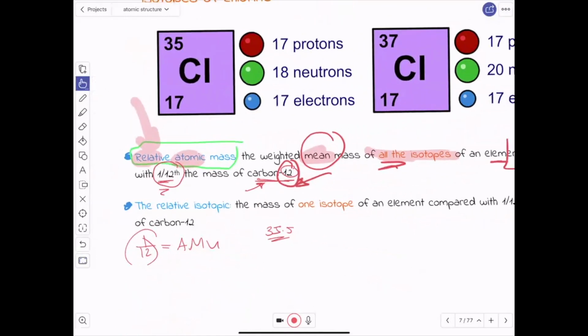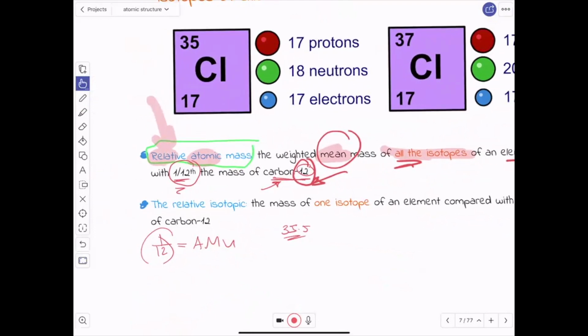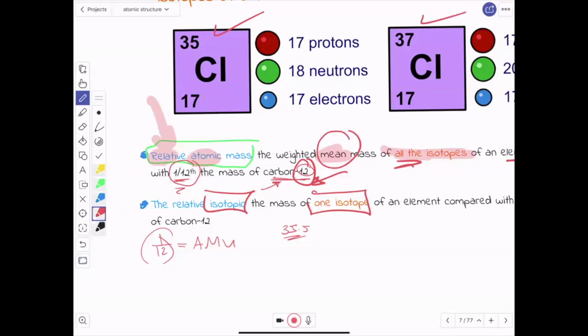All right. There's another essential definition here, which is called relative isotopic mass. Now, this is exactly the same definition, but not for all isotopes. No, this one is for one individual isotope only.